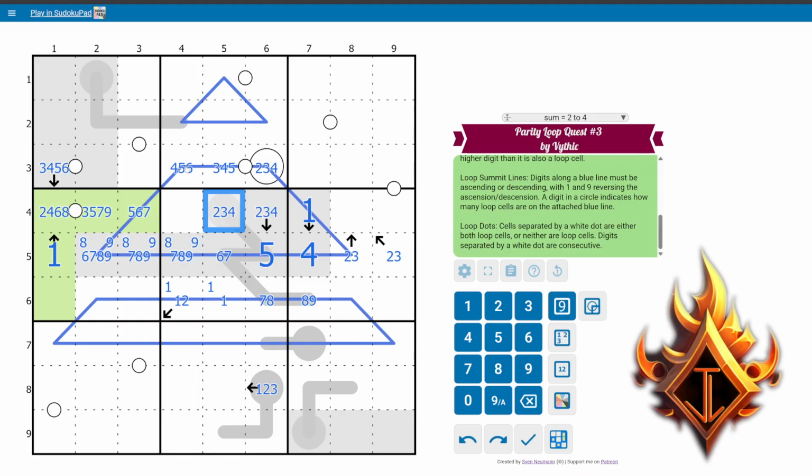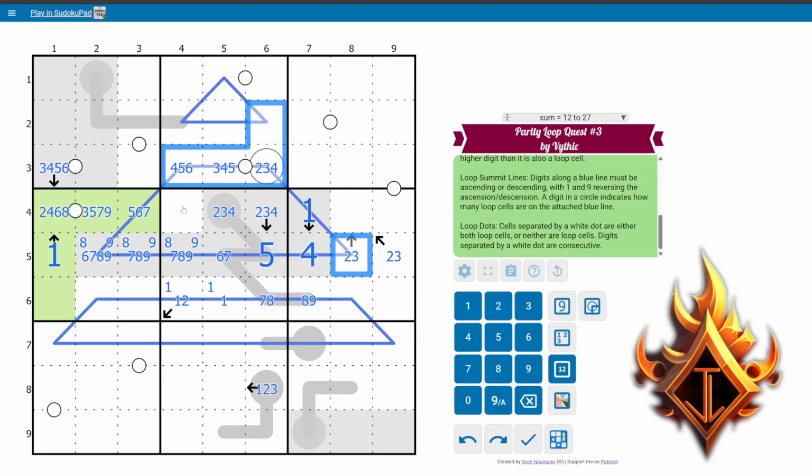And can these actually be? That would be a 2 or 4. That would be a 3 or 5. I think that would be okay. But this would not be able to be on there, so that would be 4 or 6.